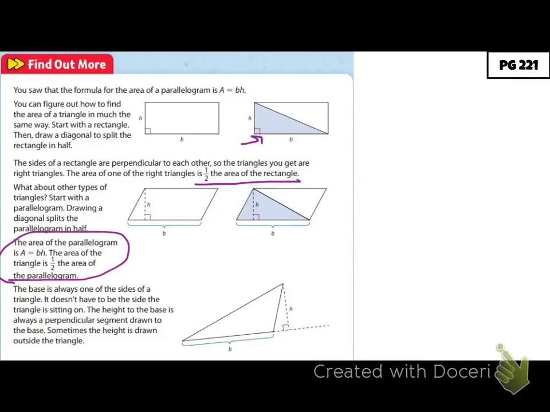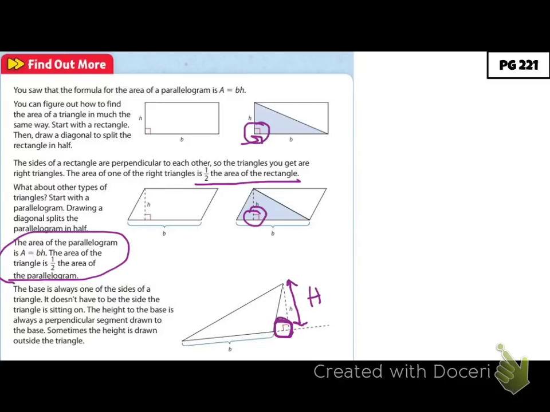It doesn't have to be the side the triangle is sitting on. The height to the base is always a perpendicular segment drawn to the base. Sometimes the height is drawn outside the triangle. Like here, you can see from here to here would be our height because it is perpendicular. Look for the little square to show perpendicular.